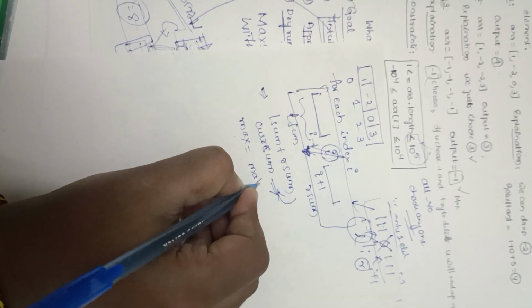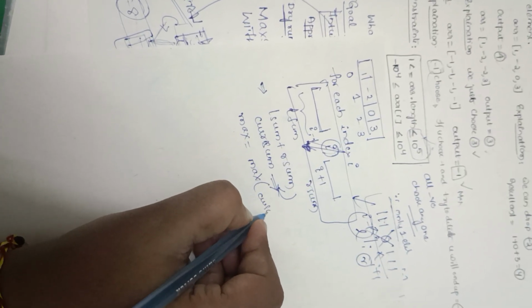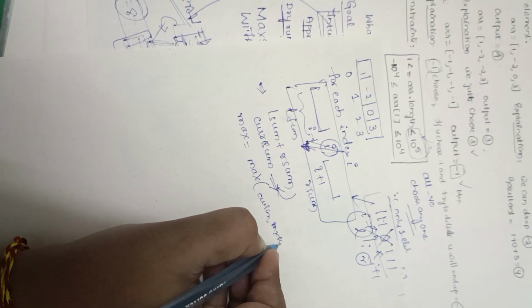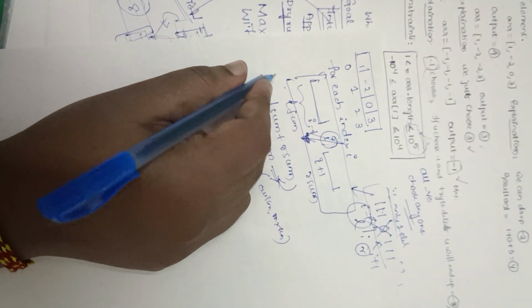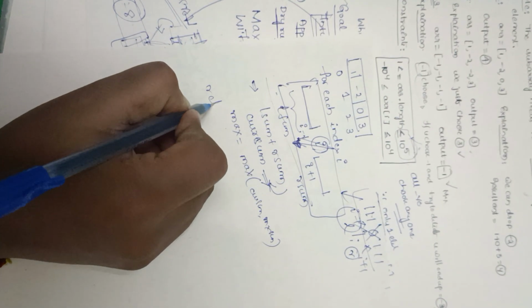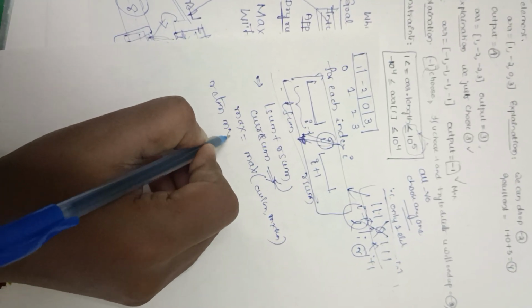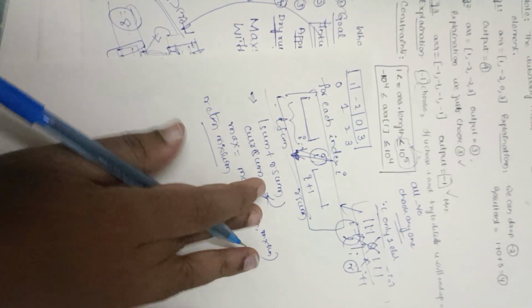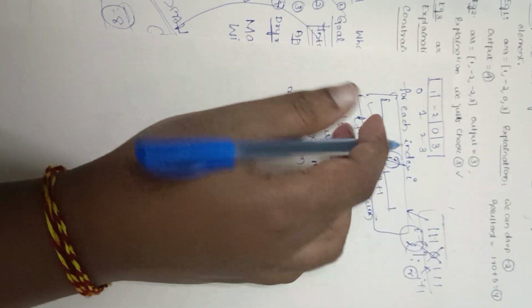So keep track of the max for every current sum. Keep max of current sum, comma max sum, and ultimately once you loop over all the indexes, you return the max sum. But here you will be getting one doubt.